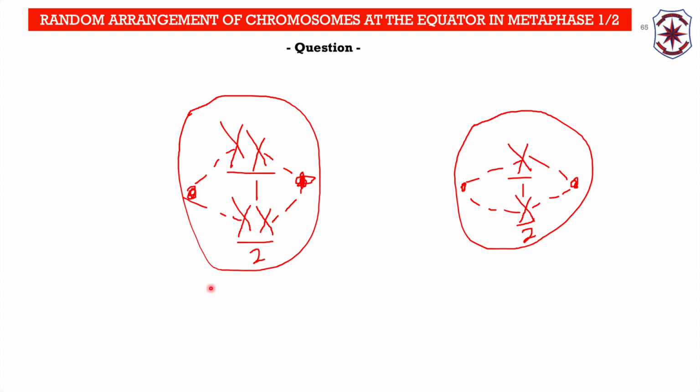Remember, at the equator of the cell, if this was a human cell, we would have 23 pairs of chromosomes lining themselves at the equator, 23 pairs. They do not necessarily align themselves in pair 1, 2, 3, 4, 5, 6, 7, 8, 9, 10, 11, 12 until pair number 23. In one cell, they might align themselves like that.